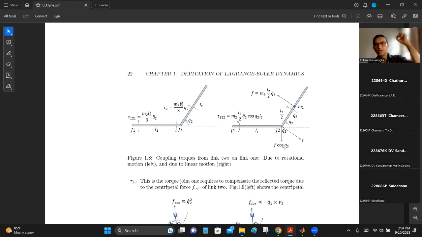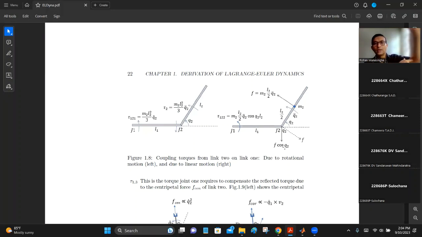Now you have the situation at the end of link 1. At the end of link 1, there's a force downwards, right? So now you calculate the torque on joint 1 because of that. The torque is distance times force, and distance is L1 this time. L1 times F cos Q2.